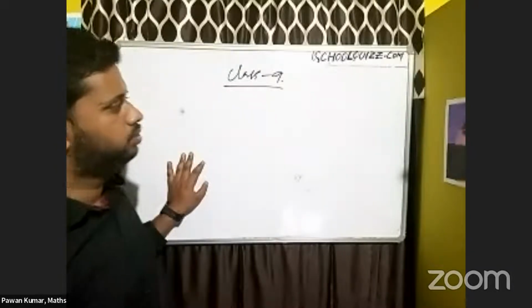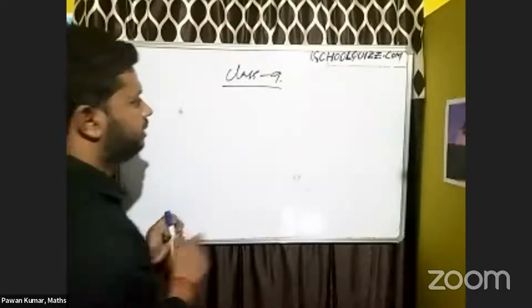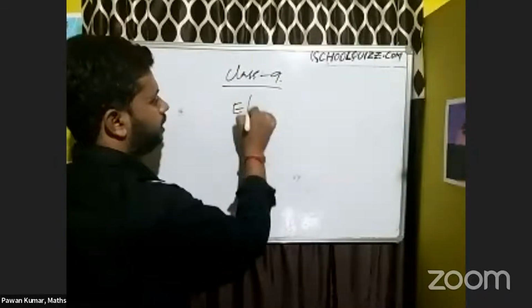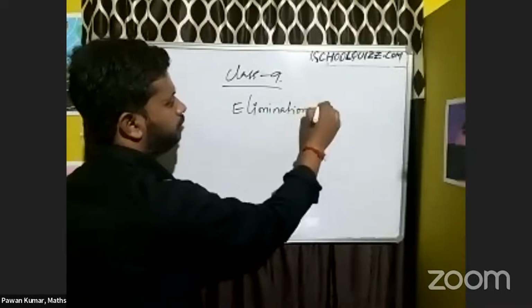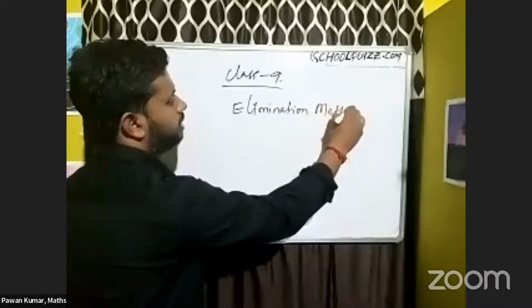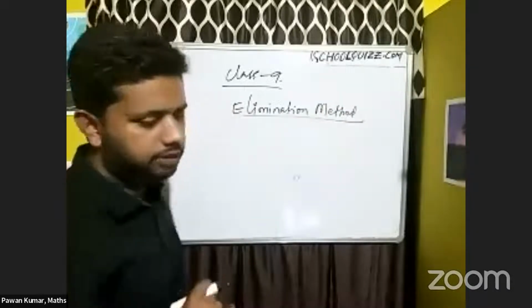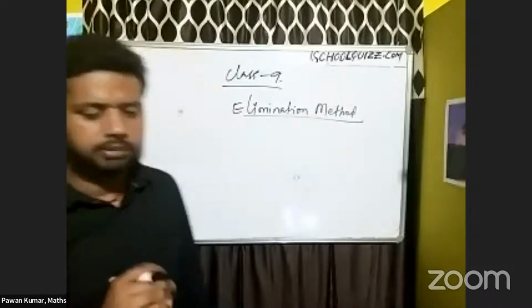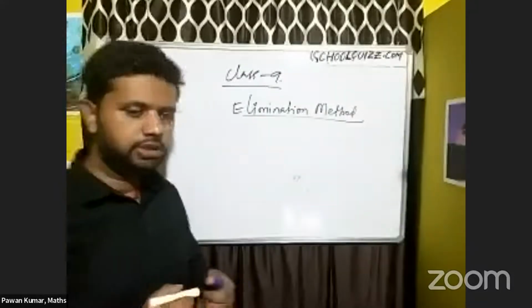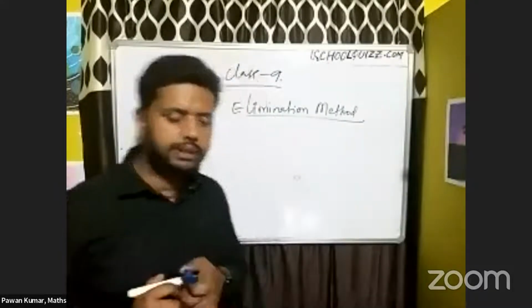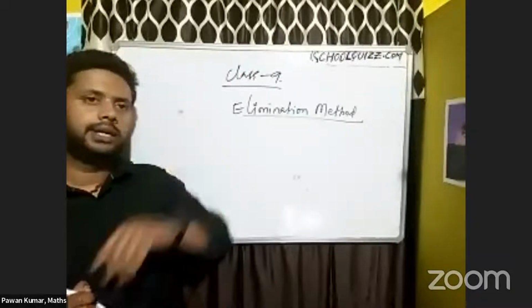So we need to solve it, and that method is called the elimination method. We have to eliminate one variable by using another. That is the elimination method. There are also the substitution method and the cross multiplication method, which are in other classes.